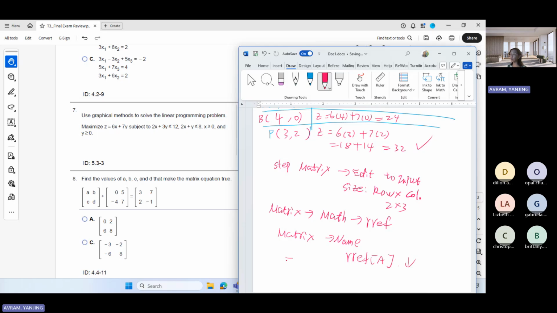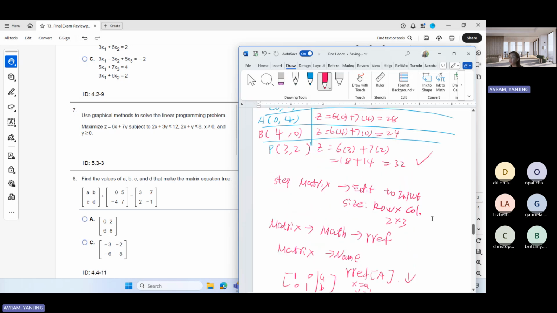If you have 1, 0 equal to A, and 0, 1 equal to B, that means x equal to A, y equal to B. That's the solution.